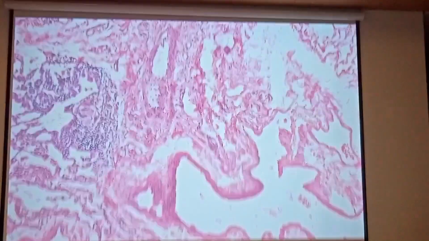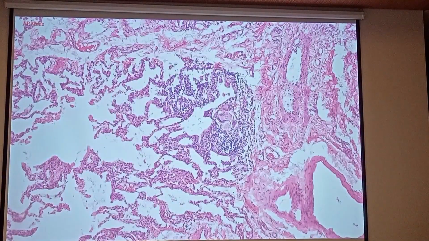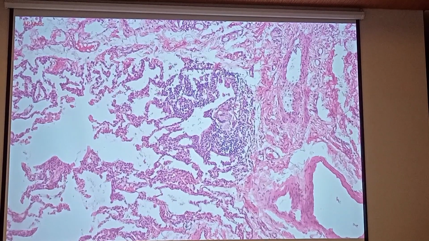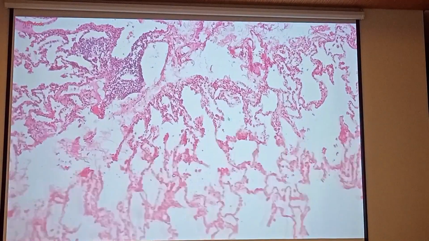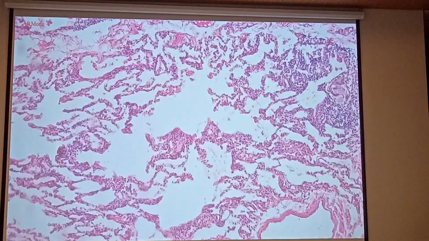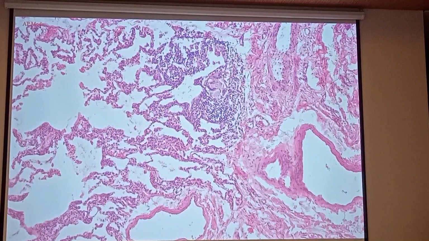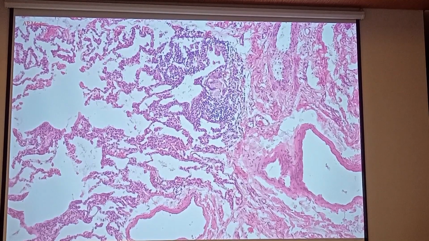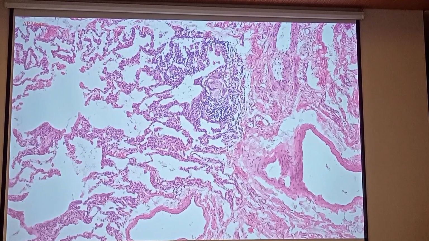So, another example right here. The thing is, this does not have any necrosis going on in it. So, tawag dito non-caseating type. Because technically, in a granuloma, you wall off anything that is causing the reaction, right?